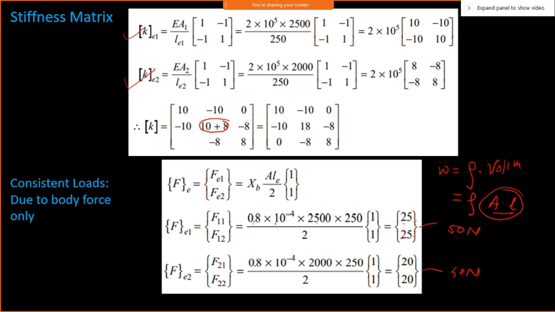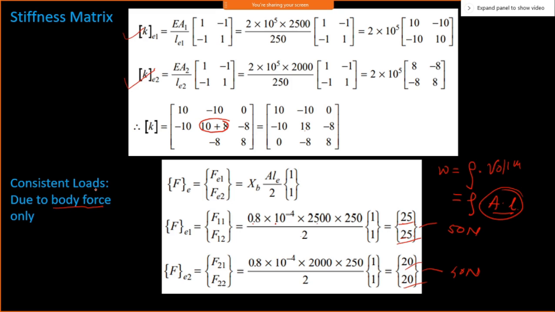It is divided half onto one node, half onto another node. These are called body forces, because these weights are due to self weight, or body forces, or maybe attraction forces. That also happens in a uniform fashion. It is uniformly distributed. Loads will be divided into two in the case of a two noded element.